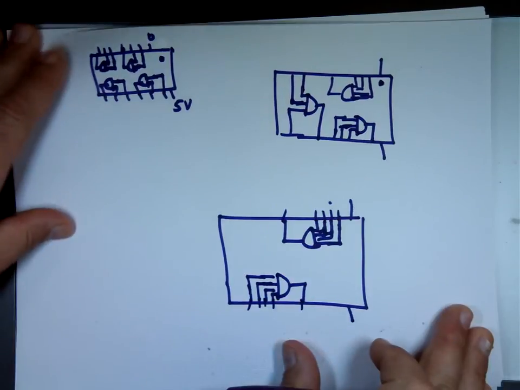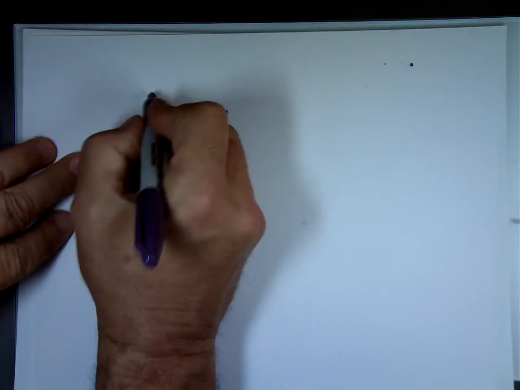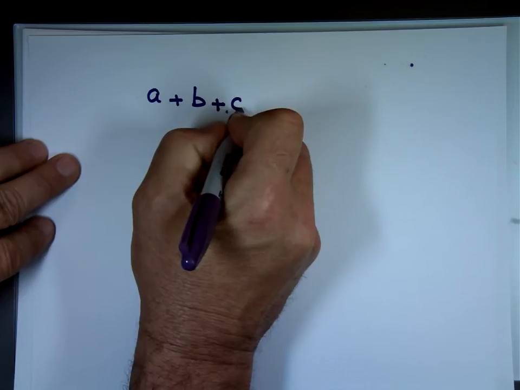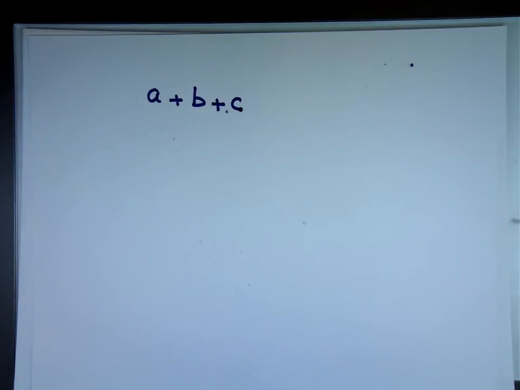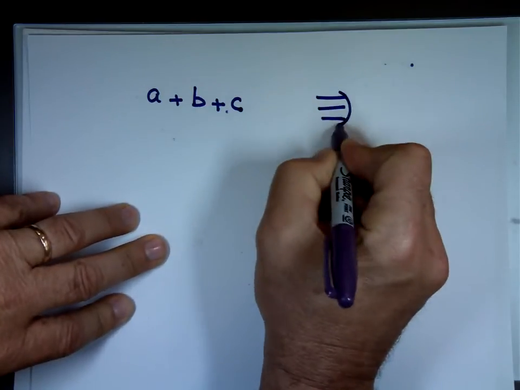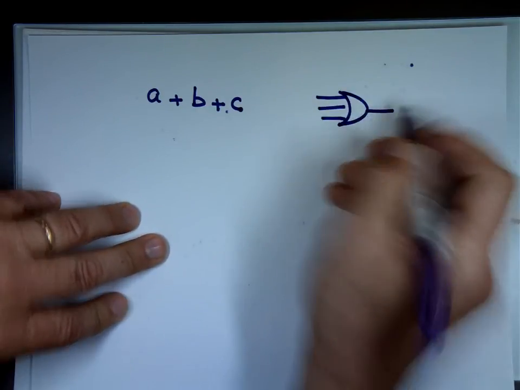Mathematically, I want to create a 4 input OR gate, or I have this expression. And I don't have any 3 input OR gates. We know that's a 3 input OR gate, but I don't have one. How can I add them?